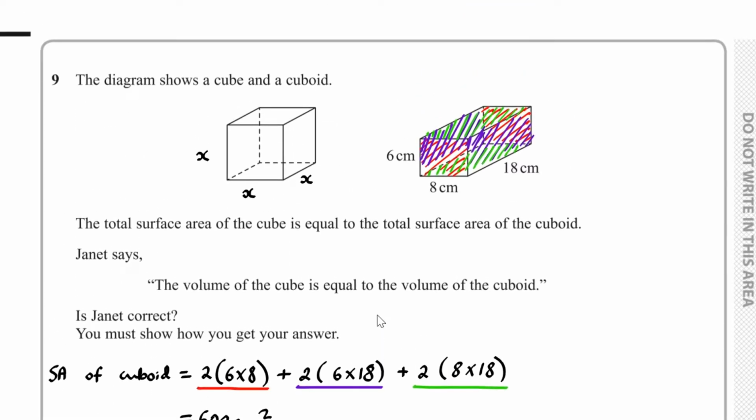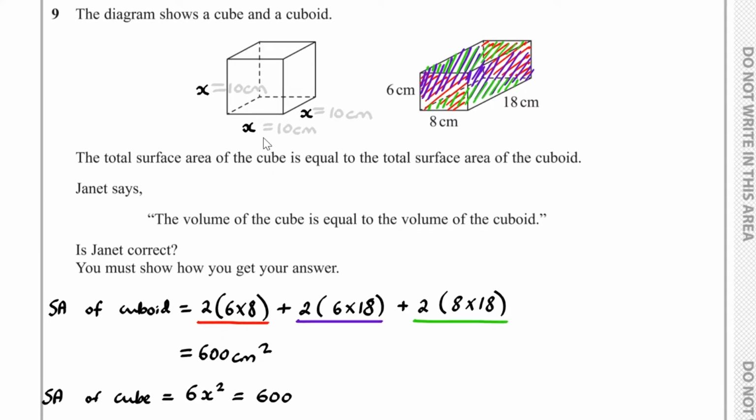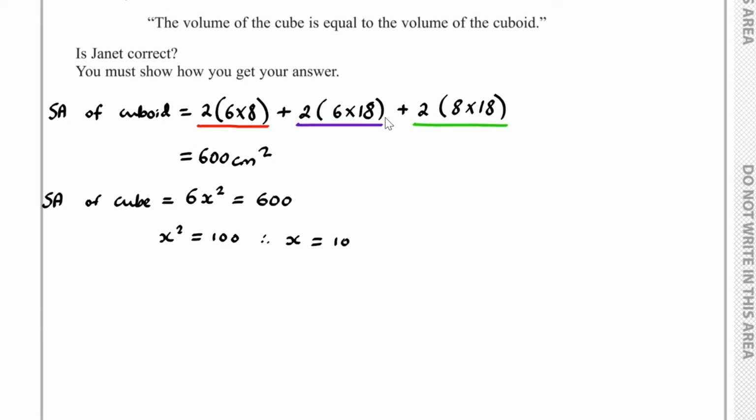So what does this mean? It means here each side has length 10 centimeters. Okay? And with this we can find out the volume of the cube and the cuboid.